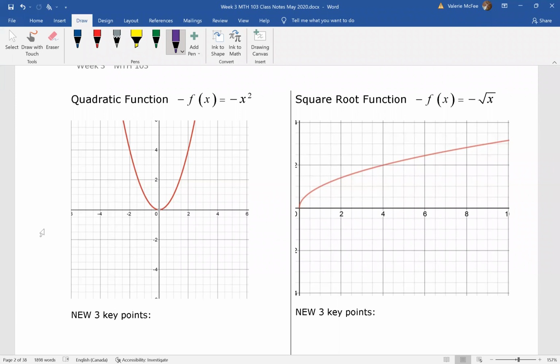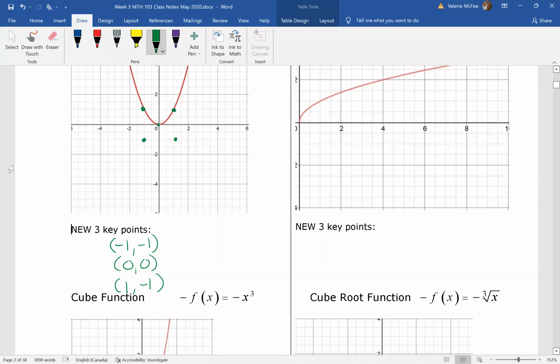Let's look at the quadratic function. I've graphed the f of x. We want to look at the negative f of x. So think about the key points on this graph. What will the new key points be? We made each of the y values negative. So now we have negative 1, negative 1, 0, 0 stays the same, and 1, negative 1.